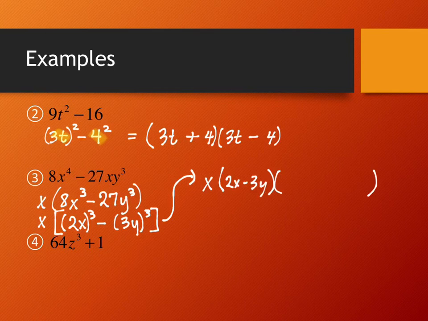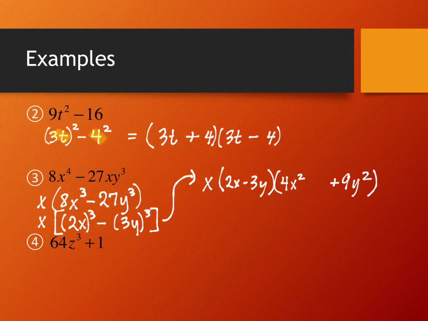And the sign's the same as well, matching signs. The other pieces get squared. So 2 squared is 4, so this is 4x squared. 3 squared is 9, so this is 9y squared at the end. The signs on both of those are always positive.